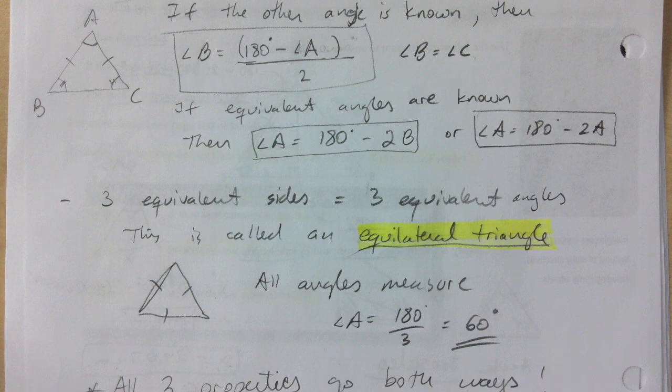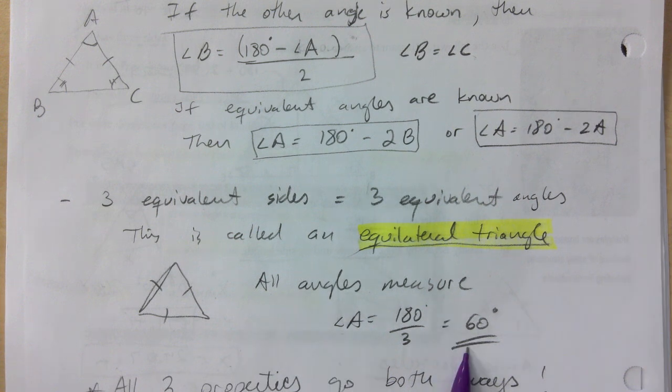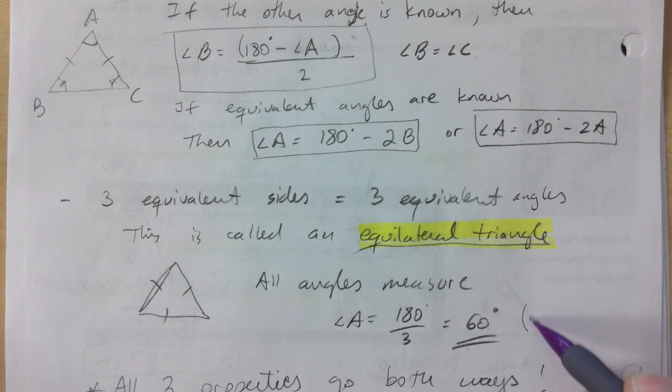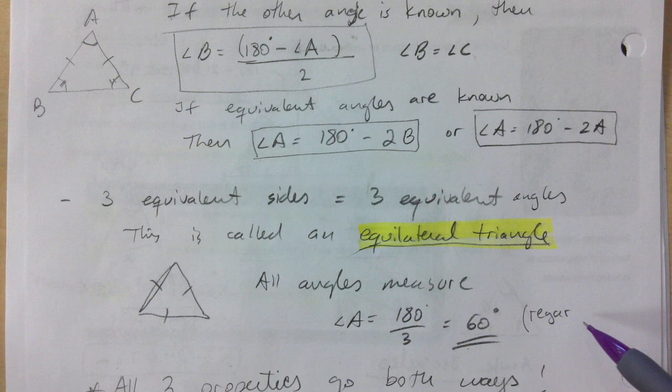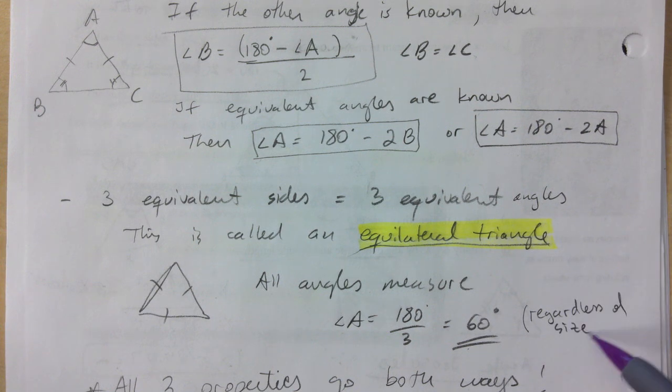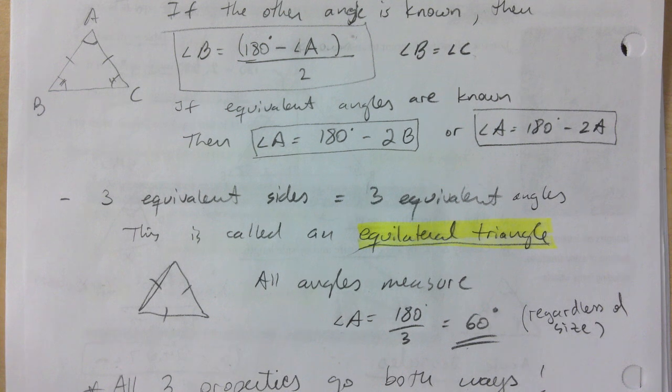Equilateral triangle. All angles measure 60 degrees, always. There's no exception, regardless of the size, okay? You could have a small equilateral triangle, a large, it doesn't matter, it's always 60 degrees.